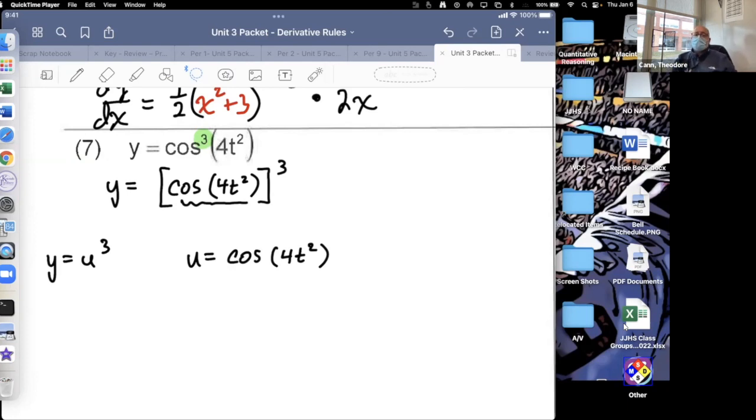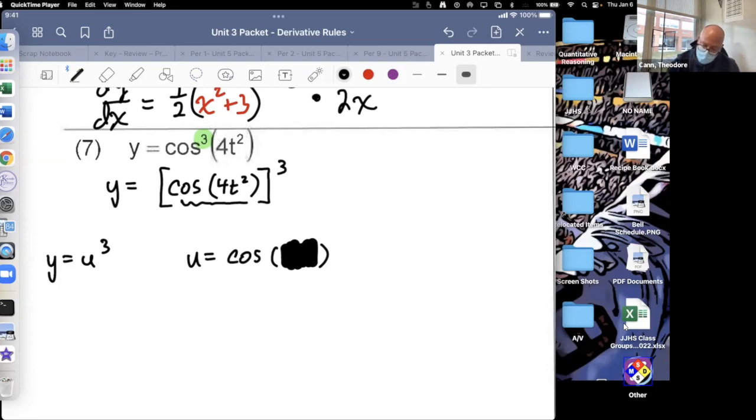So what we can do now is define a new variable. Instead of having cosine 4t squared, let's go back to the parent function. If only this was cosine of x or t or whatever. If only it was cosine of x, I could take the derivative of that very easily. It's not.